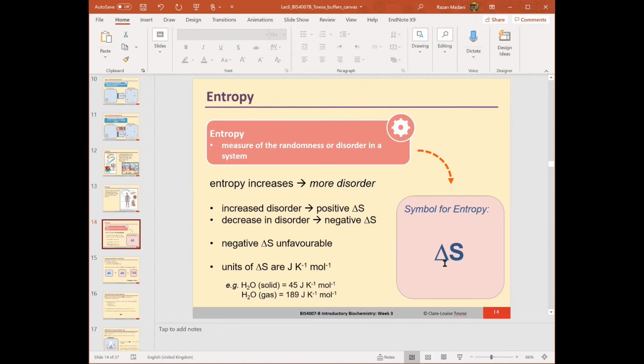So we have delta S, which stands for the randomness, how separated or how far away things are. It's measured in J K minus 1 mol minus 1.